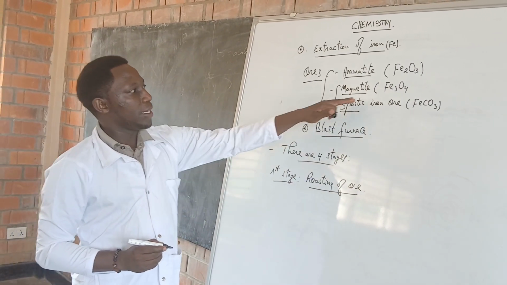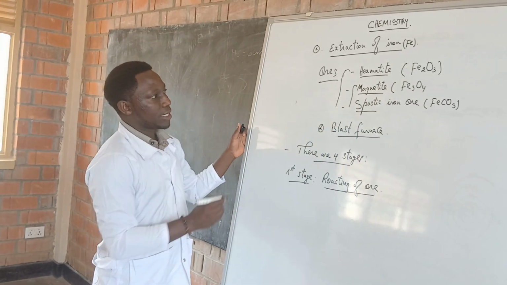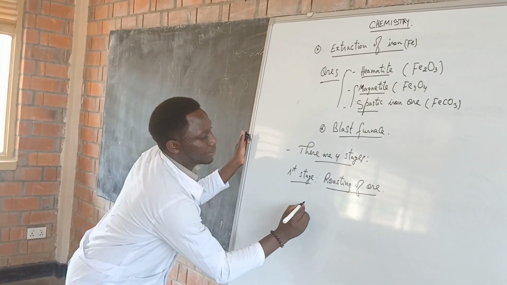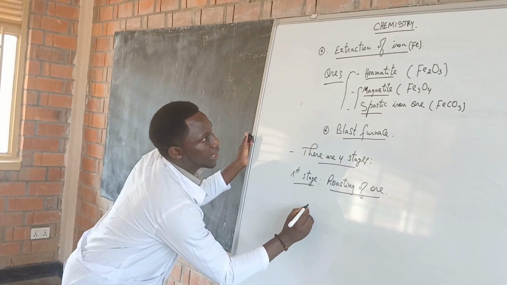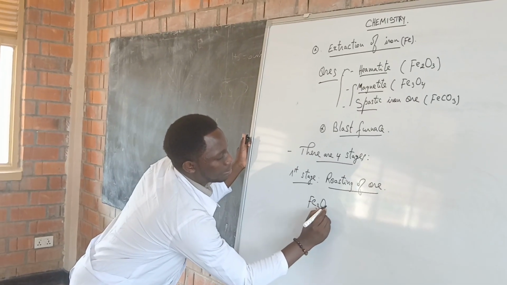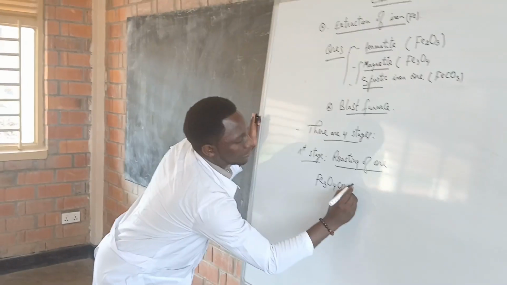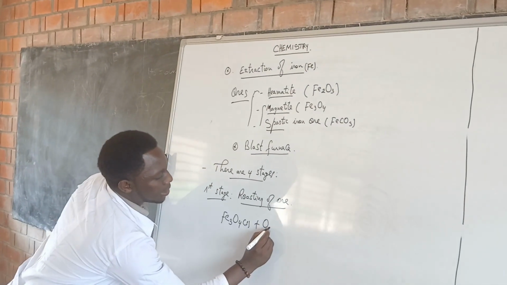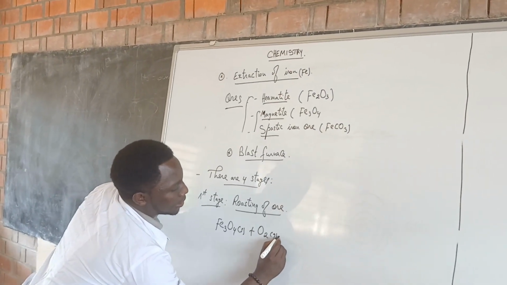For example, if I extract this magnetite, in this stage of roasting the ore, I take this magnetite, which is a solid, and burn it in air.